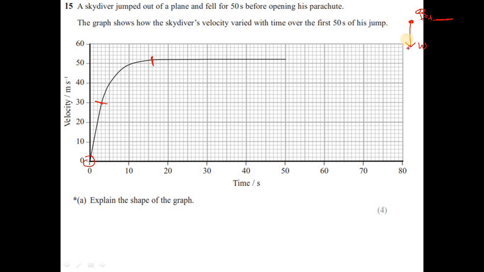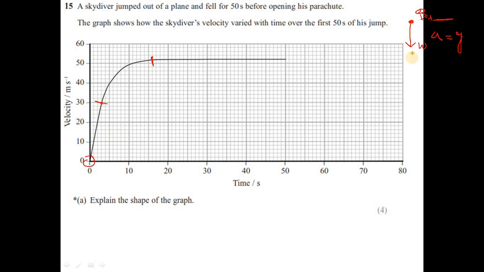So for a very short interval, the diver falls with the acceleration equal to g, and this is the time when the diver keeps accelerating at a constant rate and the velocity increases. And this is the first interval.